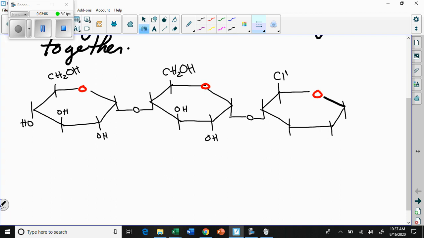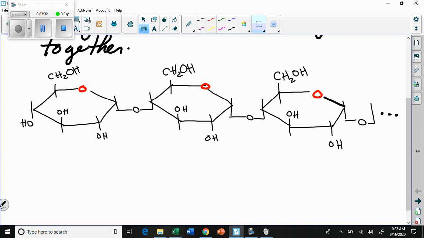But if it just floats around by itself, remember that your cells are a huge soup of molecules. So if glucose is in that soup, it's bumping and jostling with thousands of other molecules all the time. And the chances are good that it's going to do some reacting and do stuff that you don't really want it to do. You're trying to save it for a very special reaction that we're going to learn about later.